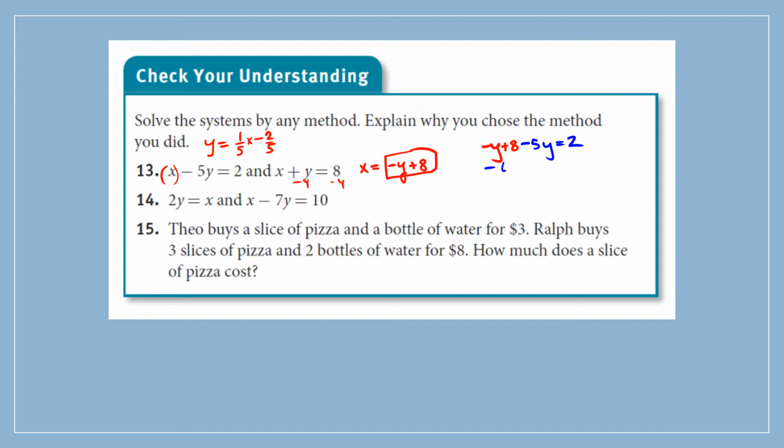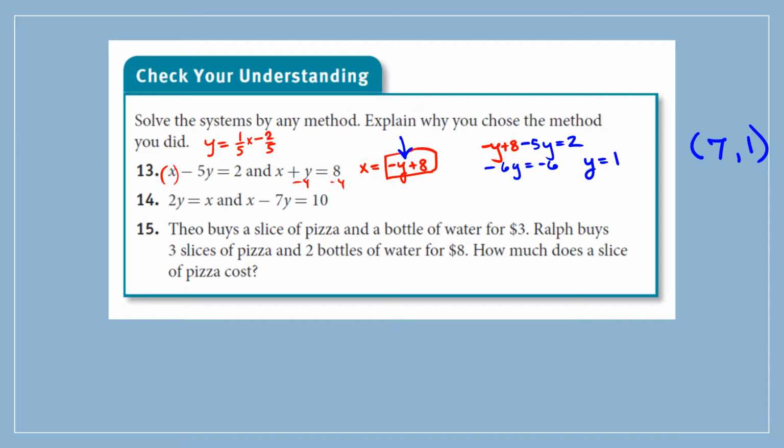So that would give me -6y equals -6, and so y equals 1. And so make sure I put that in the y position. Then if I plug that in here, -1 plus 8 is going to give me 7 for x. So the solution to number 13 is 7, 1.